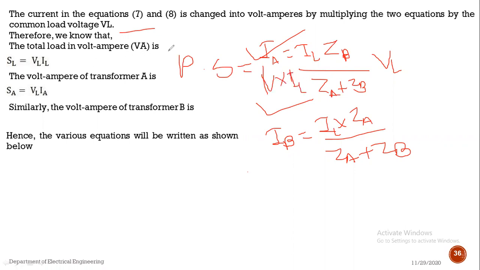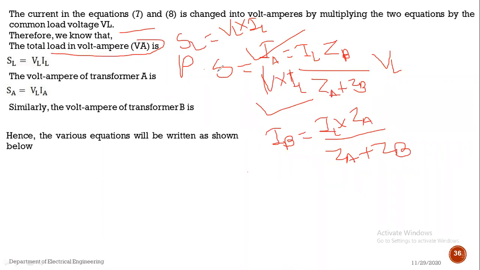SL is nothing but the load power. It equals load voltage VL into load current IL. The total load in volt-amperes is SL equals VL into IL.